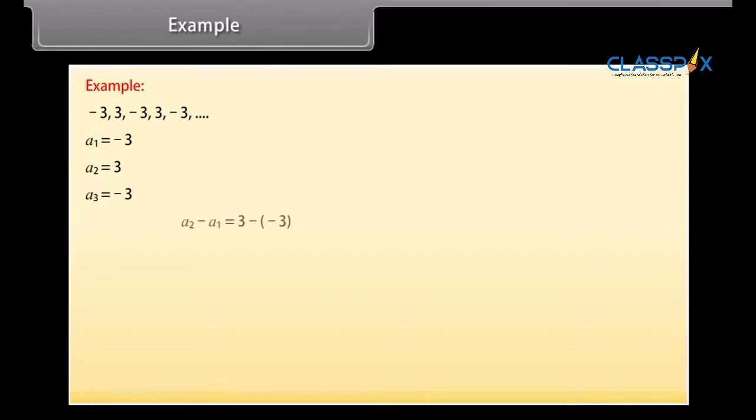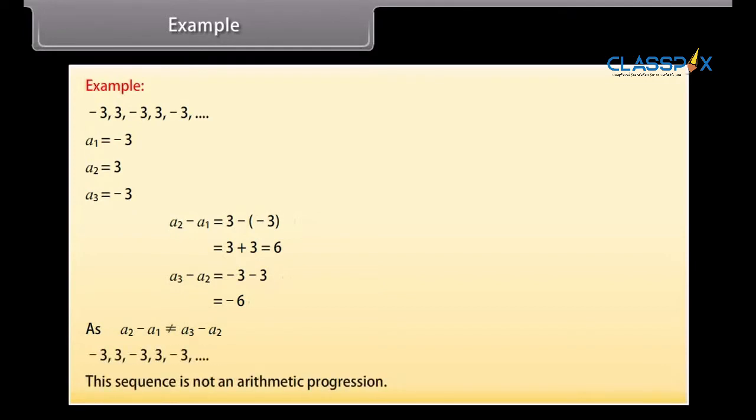Now let's find A2 minus A1, which is equal to 3 minus minus 3, which is 3 plus 3, which is 6. Also, A3 minus A2 is equal to minus 3 minus 3, which is minus 6. As A2 minus A1 is not equal to A3 minus A2, the given sequence is not an arithmetic progression.